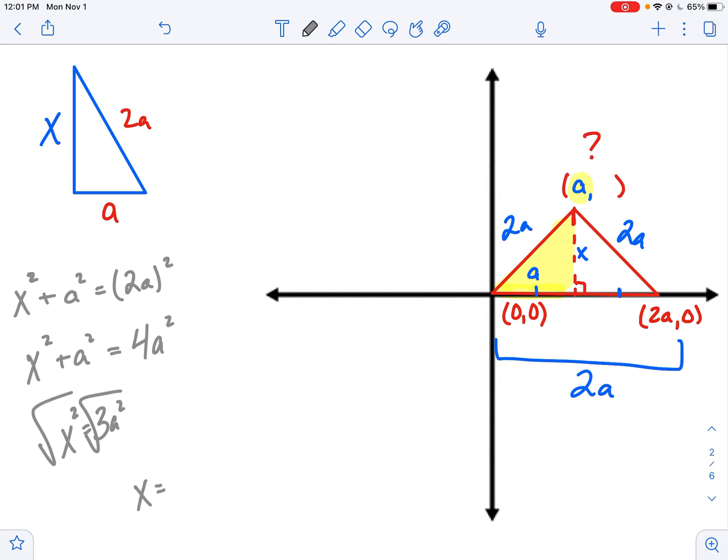So x would be a root 3 again. So my height would be a root 3, or the square root of 3a squared. Either way is fine with me, since we haven't done trigonometry yet. So that height is a root 3, which is the y component. The y is the height. So my coordinates should be a, comma, a root 3.